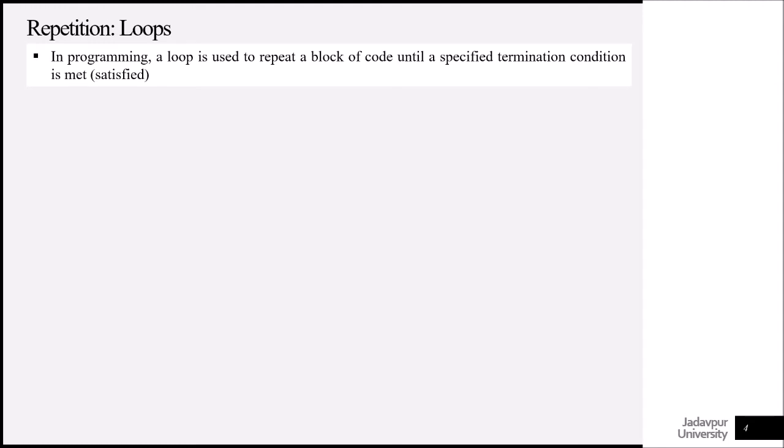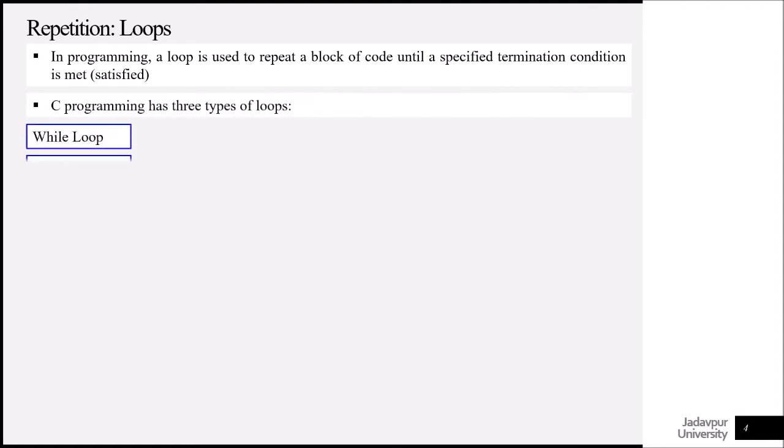So that is the formal definition of loops. In C programming, there are three types of looping structures: while loop, for loop, and the do while. We will discuss these repetition structures or iterative statements one by one, starting with the while.